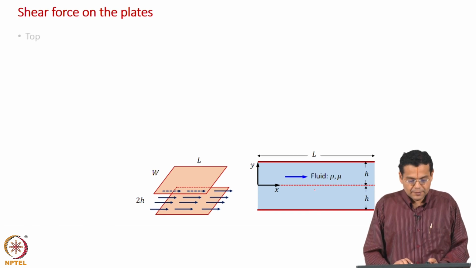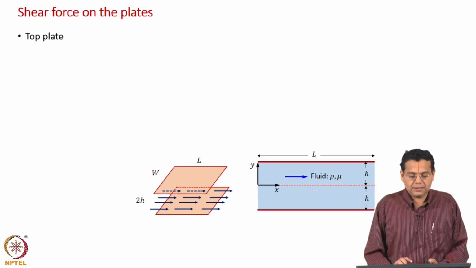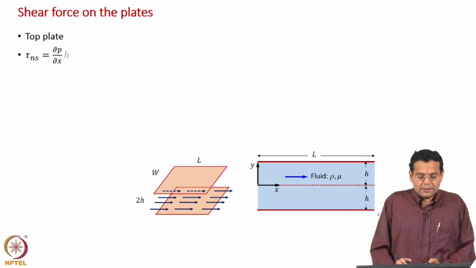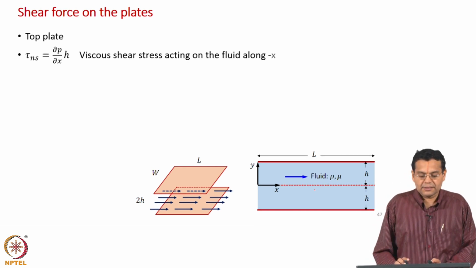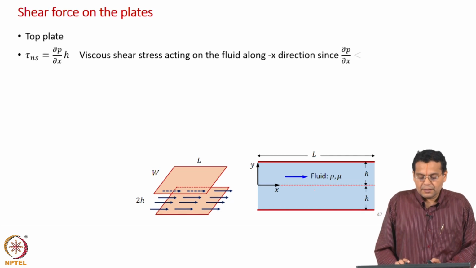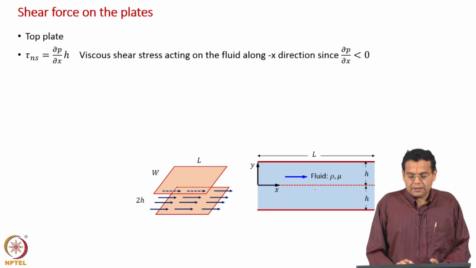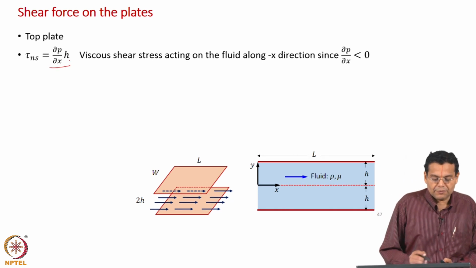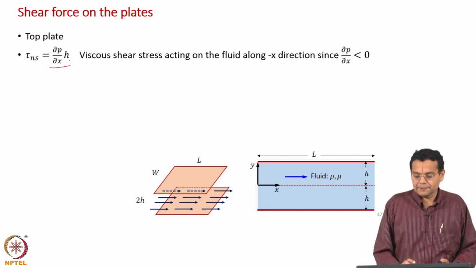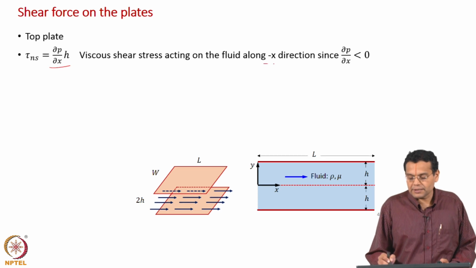So, let us summarize what we have done in the last two slides. For the top plate, the shear stress component of stress vector, or simply put the shear stress, we found out that it is dou p by dou x h and acts along the negative x direction.